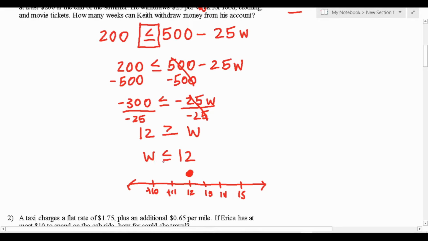And then w is all the values less than 12, so the arrow is going to go to the left. What this means is that in this case, Keith can withdraw money, the $25 a week, for up to 12 weeks before he has $200 left in his account.